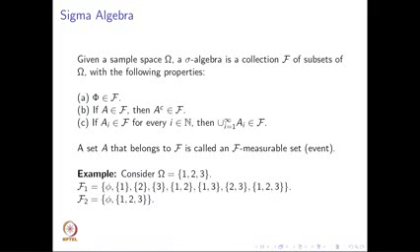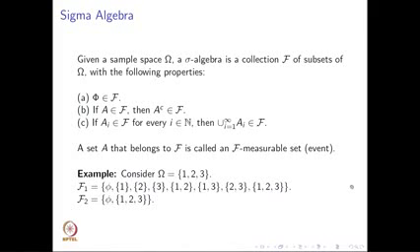Here, the first sigma algebra F1 is essentially the power set of the sample space. All possible events are present in the first sigma algebra. However, if we look at F2, in this case there are only two events, the null set and the sample space itself. You should verify that for both F1 and F2, all three properties listed above are satisfied.